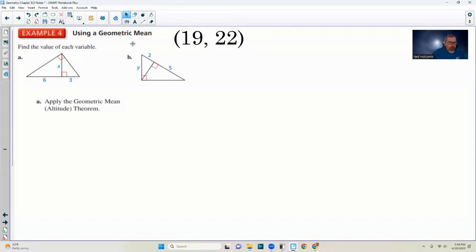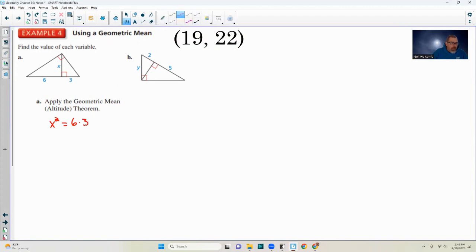So you apply the geometric mean altitude theorem, which says, in this case, X squared, so the altitude squared, equals this piece of the hypotenuse times this piece of the hypotenuse.